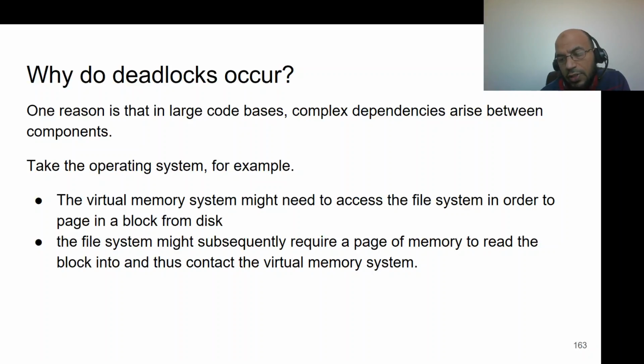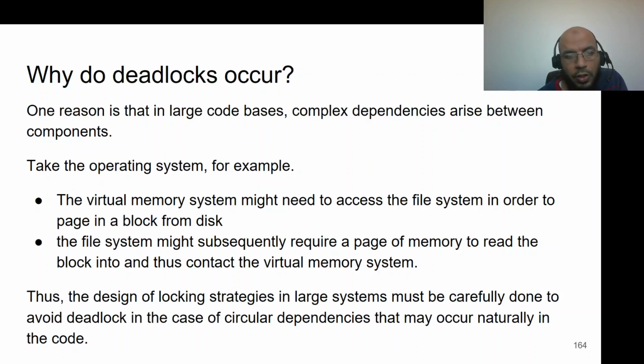So you might have the case where the file system now wants to update whatever is on the disk, basically reading from memory the same data that was read by the virtual memory system.